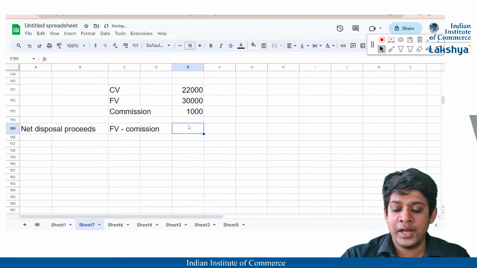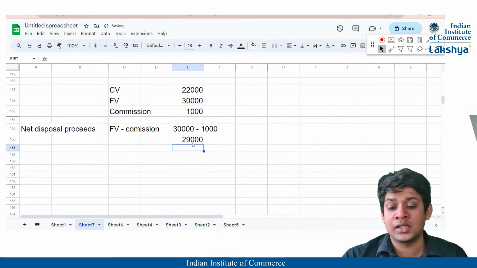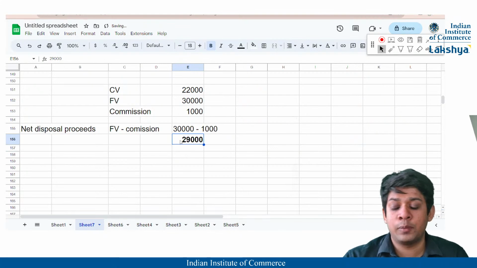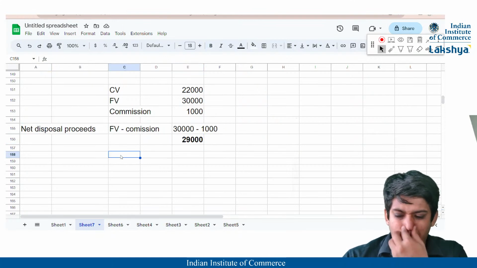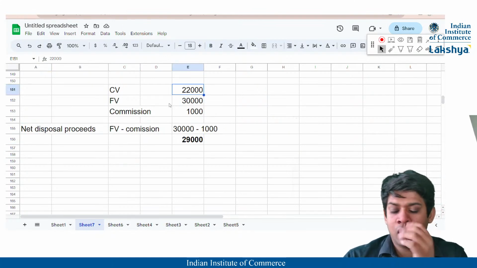Technically, I received 30,000, but for the sale, I paid 1,000 commission. So I received only 29,000 for the sale of that asset. So this is the net disposal proceeds, whereas the carrying value is 22,000.